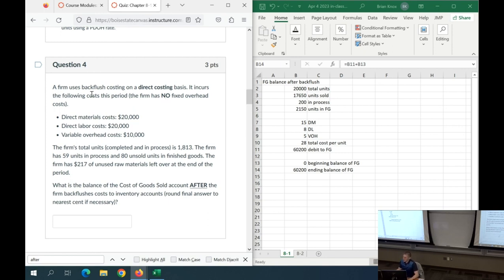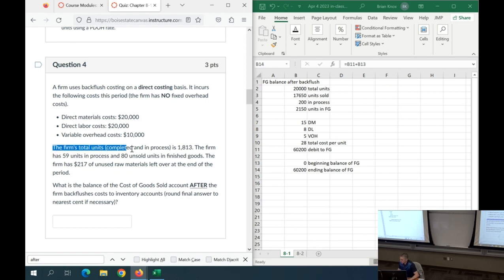Okay, so a firm uses backflush costing on a direct costing basis. It incurs the following costs this period. The firm has no fixed overhead costs. We have our direct materials cost, our direct labor cost, and our variable overhead cost. So in total, we have $50,000 of product costs, because under direct costing, all three of these categories are product costs.